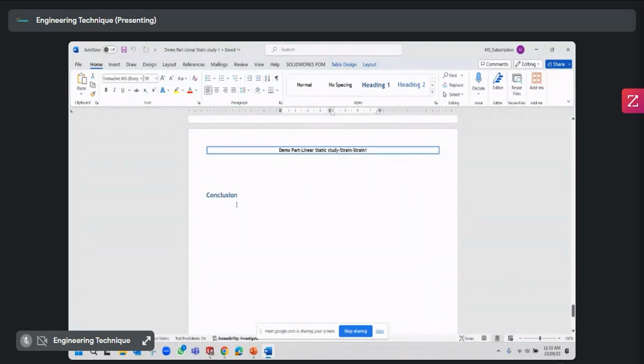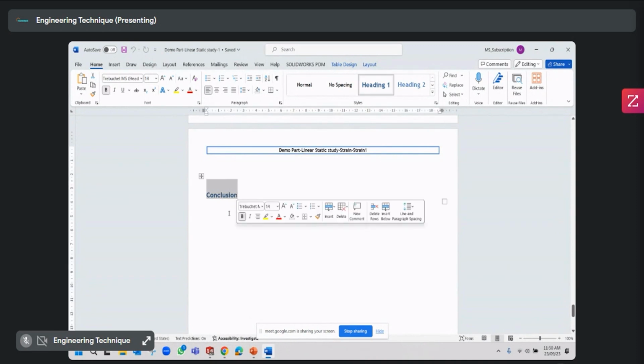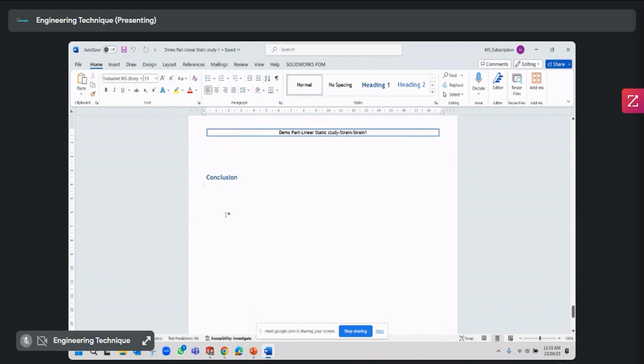Now, you can see here at last the conclusion is also mentioned, but there is no conclusion. Why? Because simulation is a tool. It will provide only the visual image, or say the virtual experiment, but you need to interpret what the actual meaning of the result is, the technical perspective of the result.